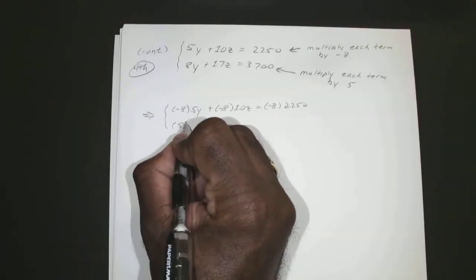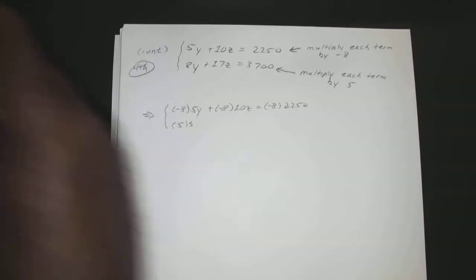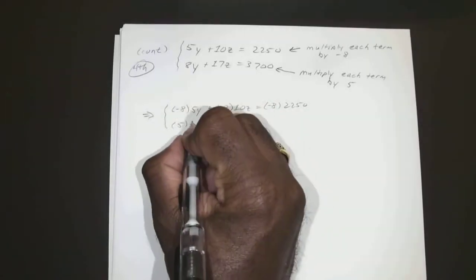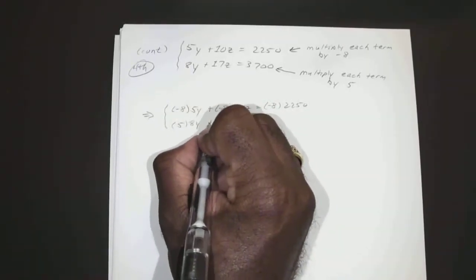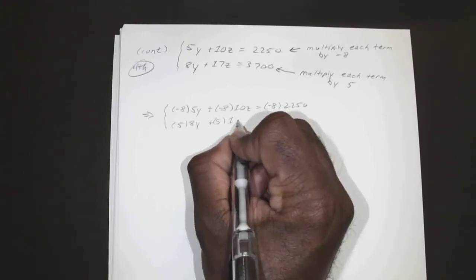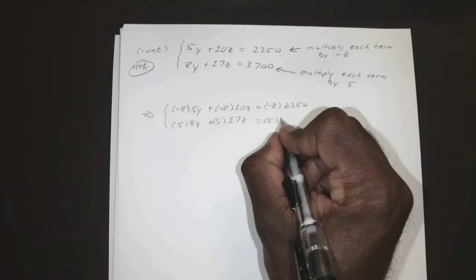And here we have 5 times 8y. I don't know why I was about to put 5y there. Plus 5 times 17z equals 5 times 3,700.